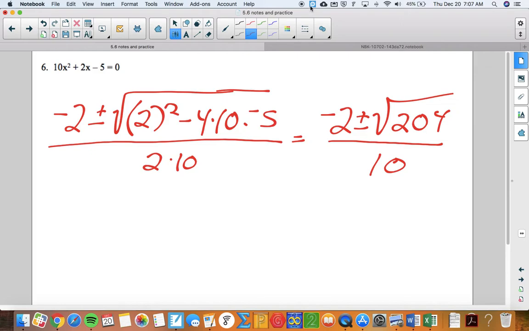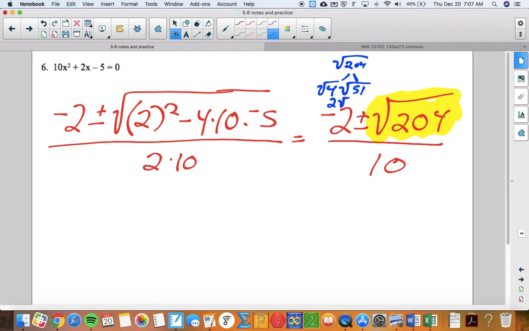Alrighty, so now we talked about if we can simplify what's inside the square root, do it. Well, I know 4 goes into 200, so I know 4 goes into 204 because it's just one more 4. So to simplify that radical, I'm thinking the square root of 204 is at least divisible by 4. Maybe there's another bigger perfect square, but I'm not sure about that. And 4 times 51 is 204.